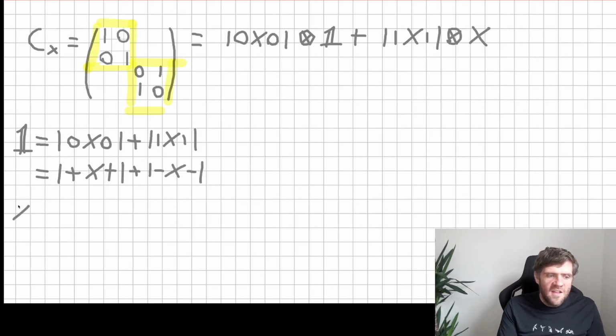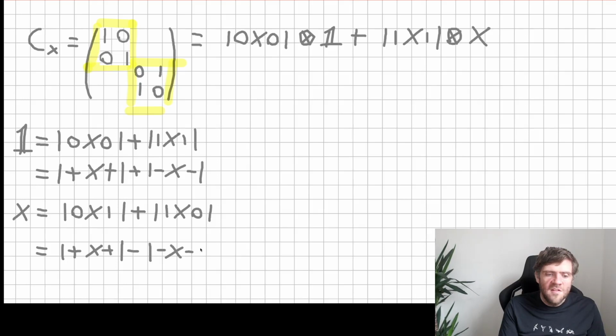And X can be represented as the gate which turns 0 into 1 and vice versa, but it can also be represented as the gate which turns plus into itself and gives minus a phase of minus.